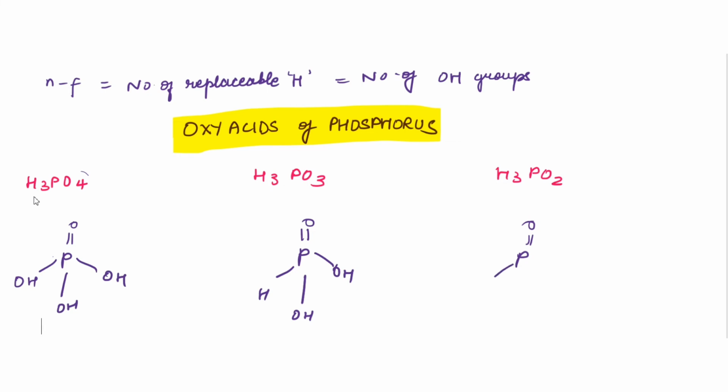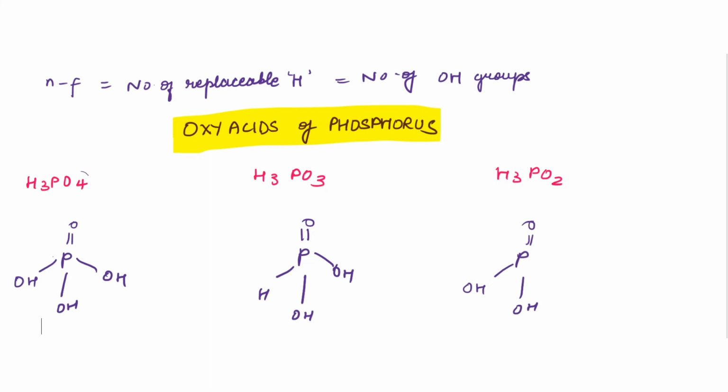Next, coming to H3PO2. One oxygen is present as a double bond. So only one OH group will be present. There are 3 hydrogen atoms, out of which one hydrogen atom is used in the OH group. So 2 PH bonds are present.